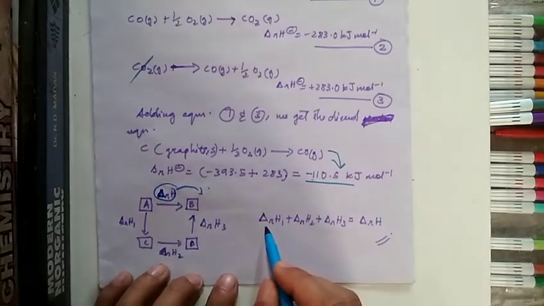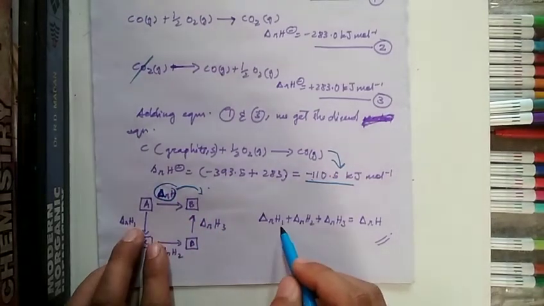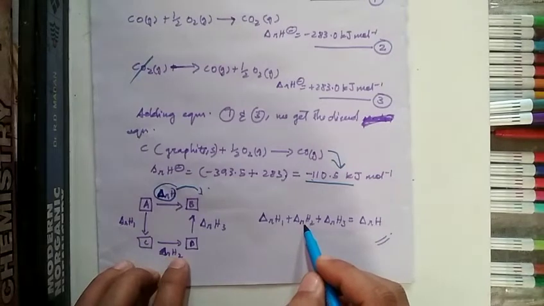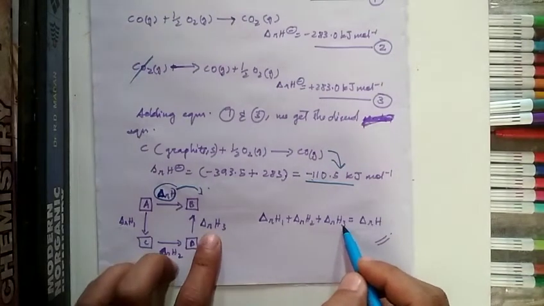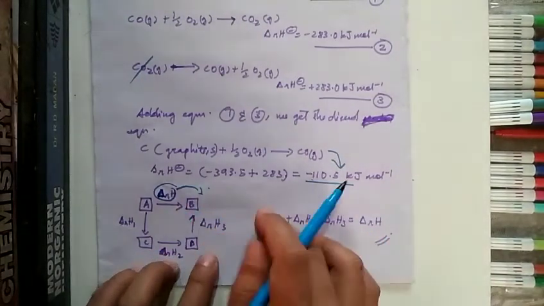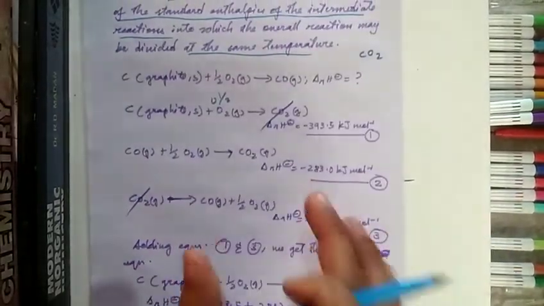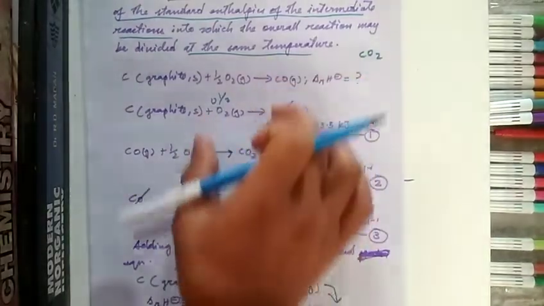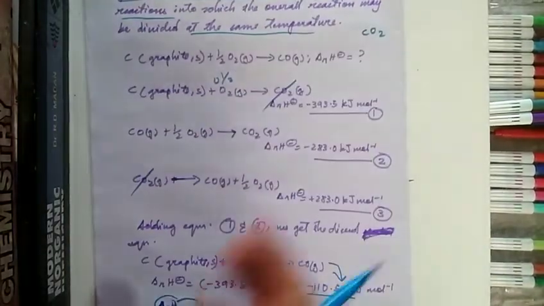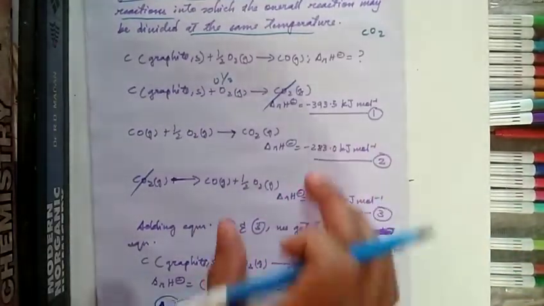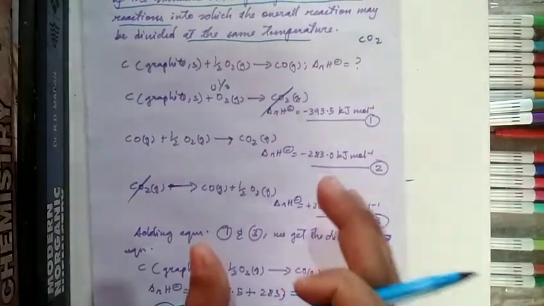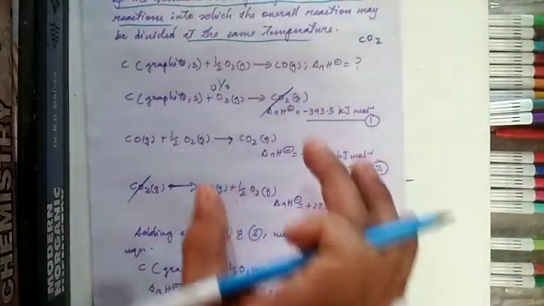So we write delta rH1 plus delta rH2 plus delta rH3 is equal to delta rH. So this will take place at constant temperature. That means all these steps, maybe 2, 3, or 4 steps, should be at the same constant temperature.